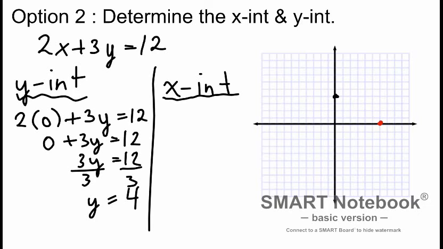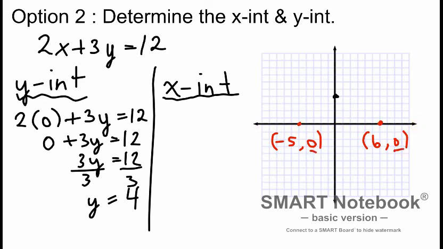And if it was, the ordered pair would be (6, 0). But maybe it's not there. Maybe it's actually over here. Well, what's this ordered pair? It's (-5, 0). So this now makes you think about all of the dots that would end up along this axis. What do they all have in common? Their ordered pair, the y, is always 0.